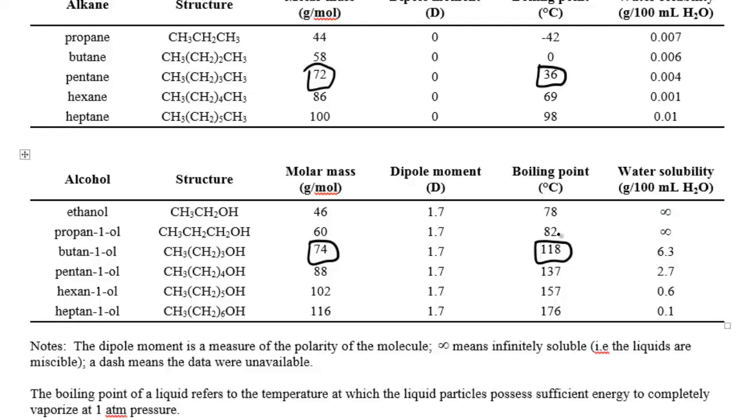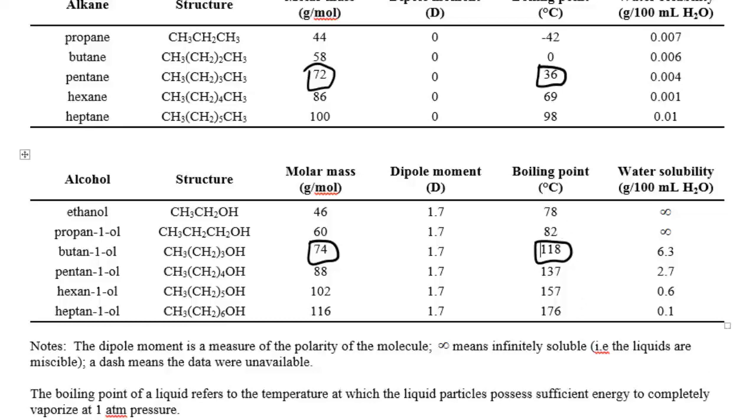If I wanted to use an argument of greater London dispersion forces, I'd be looking for a difference of molar mass of 5, 10, 15 grams per mole. But 2 really isn't sufficient. So I would essentially just ignore that difference in molar mass and realize that there must be something else at play that would explain this significant difference in boiling point and therefore significant difference in intermolecular force.